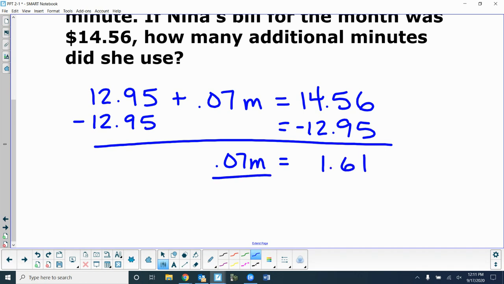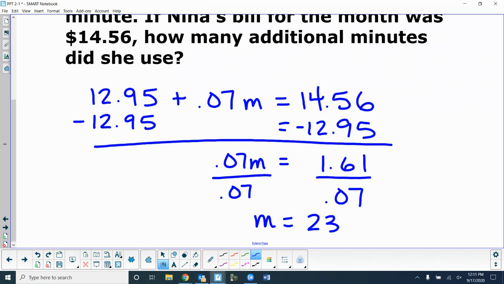And then divide. What's the answer, JR? 23, right? Yeah. Never mind. Okay.